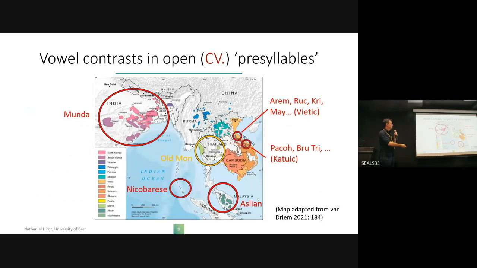Anyway, to recapitulate what I just mentioned, here we have a map, and you see that it's mostly those languages outside of mainland Southeast Asia that have those contrasts. Then we have Old Mon. It's not found in later stages of the Mon language or in Yahkur. And you have those languages which are spoken in the same area, like those two branches, Kituic and Vedic.